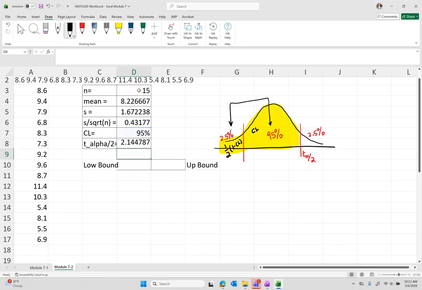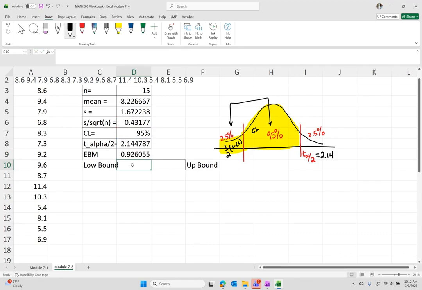So if I do that, I found the t alpha halves. This t alpha halves, 2.14, is this t-score, and let's do here an error bound for the mean. The error bound for the mean will equal t alpha halves times the standard error, which is s over square root of n.